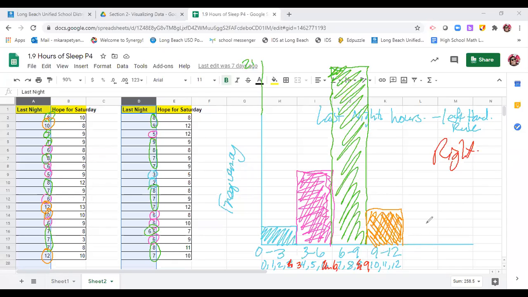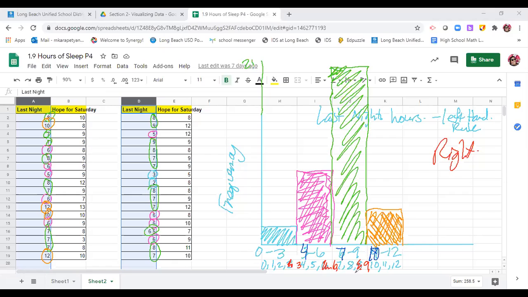Or you could name your intervals a little differently. So if you don't want to worry about the left-hand rule or the right-hand rule, you could make your intervals, let's say this was 0 to 3, you could make this interval 4 to 6, and this one 7 to 9, and this one 10 to 12. So you're even more clearly defining your intervals.